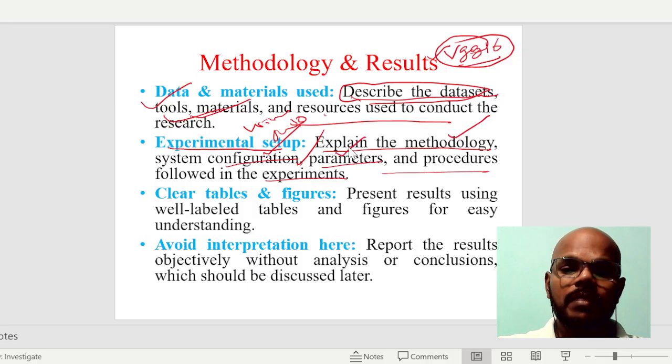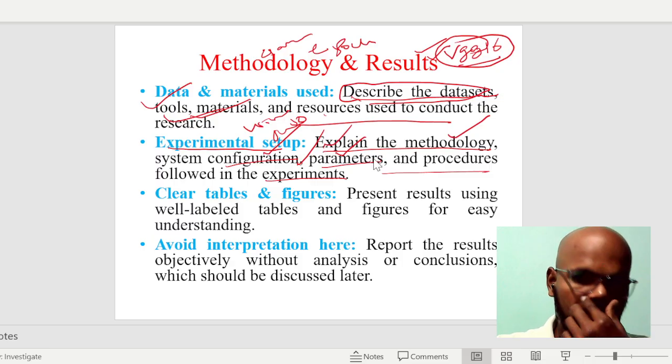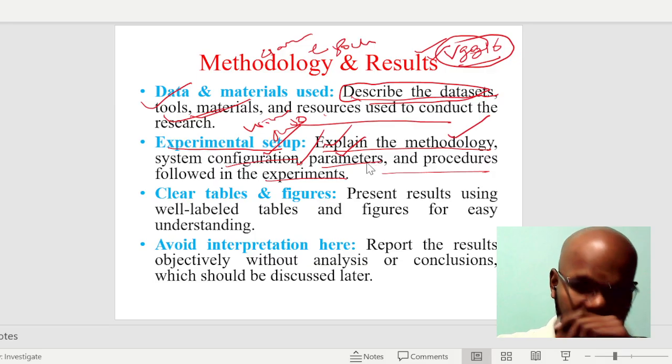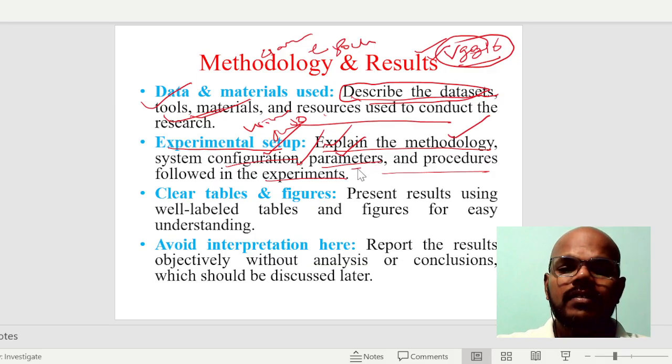Parameters: what type of parameters are used. Parameters means there will be epochs, right, and what type of classification function is used, etc. That comes under parameters. For example, if you take the civil engineering category, what type of parameters come under it?